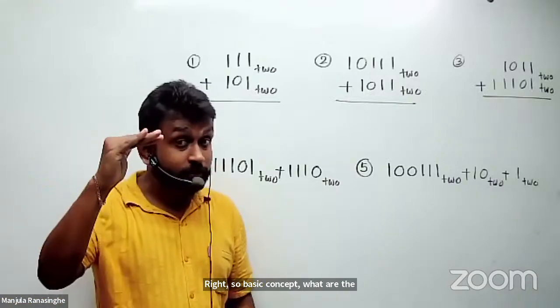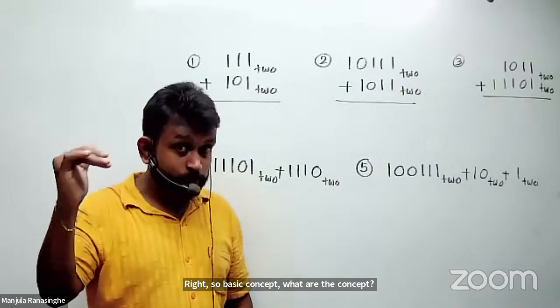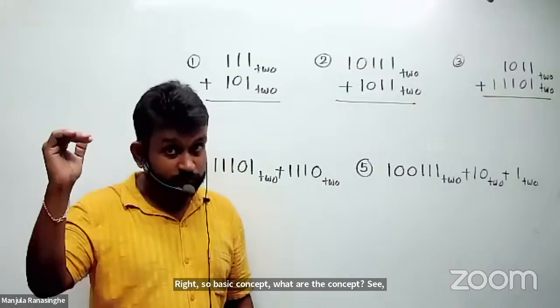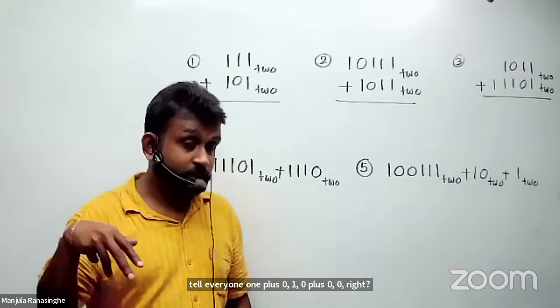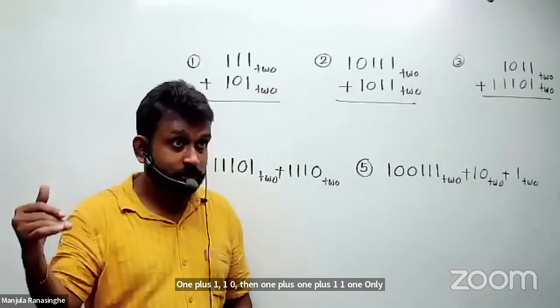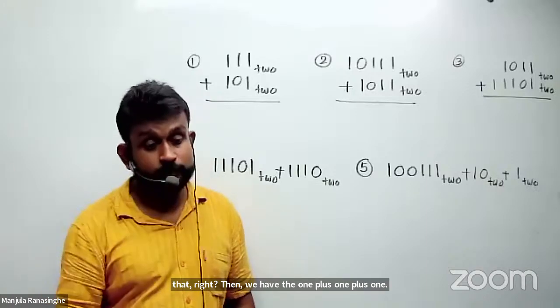See, to tell everyone, 1 plus 0 is 1, 0 plus 0 is 0, 1 plus 1 is 10, then 1 plus 1 plus 1 is 11. Only that, right? Then with 4 ones being added, it is 100.